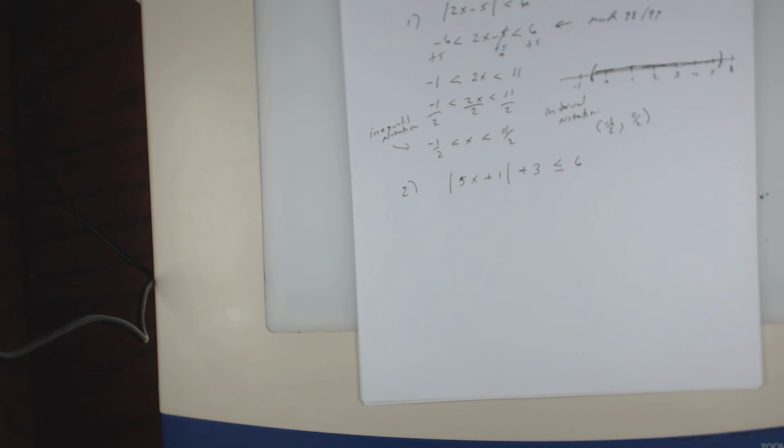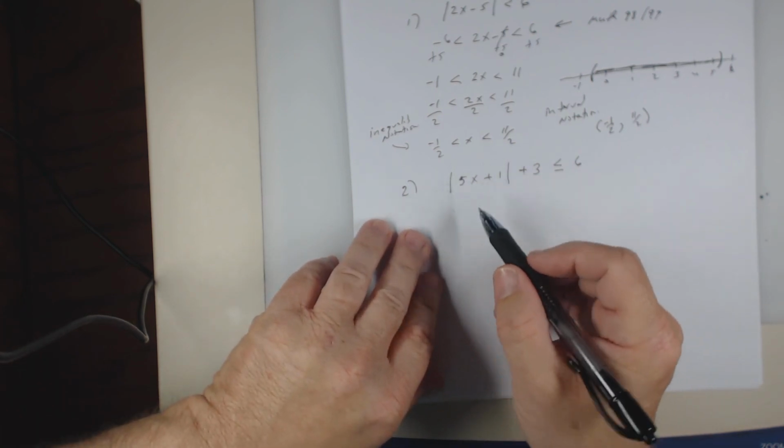We want to subtract 3. Right. You have to get the absolute value expression by itself. So you have to subtract 3 from both sides first. If you don't, you're going to get some kind of error. Your solutions won't be correct. So you subtract 3 first.